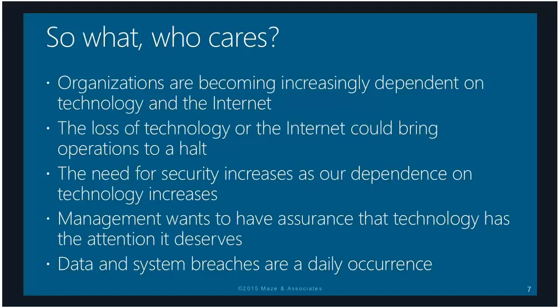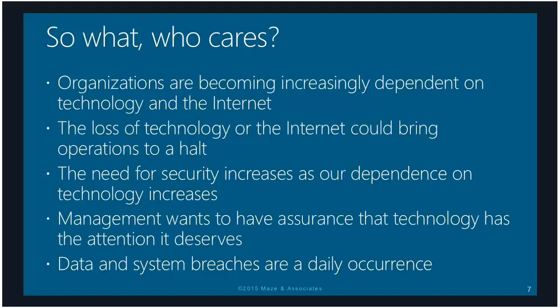But what happens if it's been so reliable for so long that you have forgotten how to do manual checks? Technology, we kind of just take it for granted sometimes. A lot of people have cell phones and iPads, and it just seems like no matter where you go, you have the internet. No matter where you go, you have your technology, but that's not always the case.